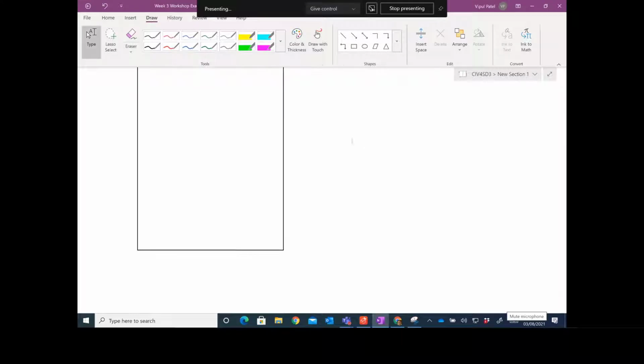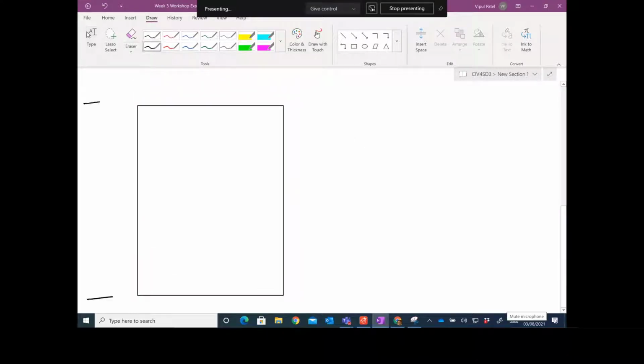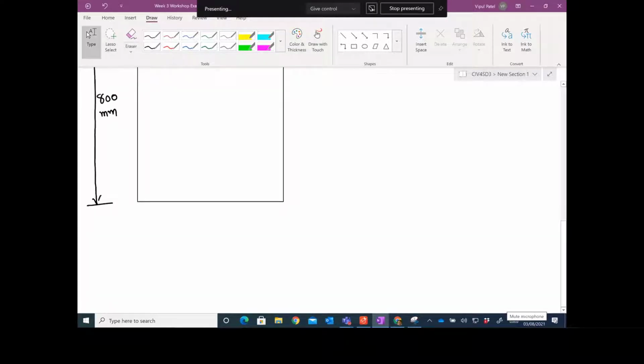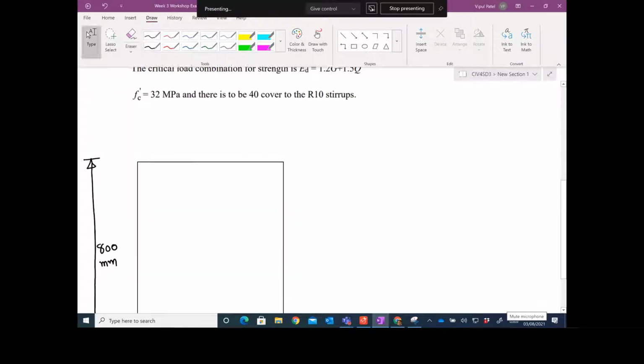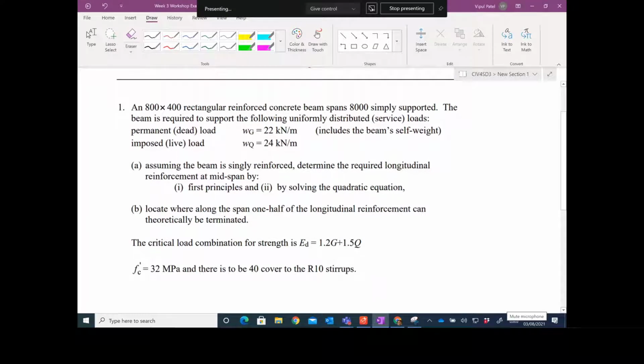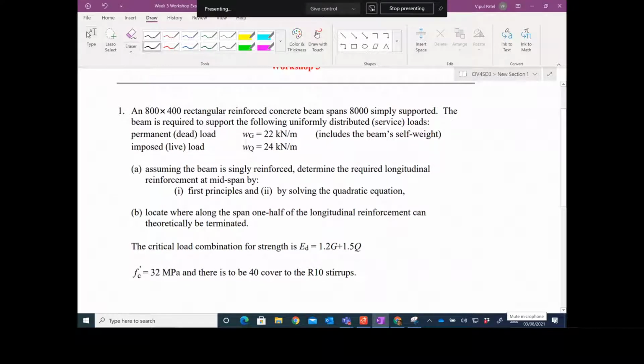800 by 400. This distance from here to here is 800 millimeters, and this distance from here to here is 400 millimeters. So those details are given. The second detail we have is simply supported, 800 millimeters.